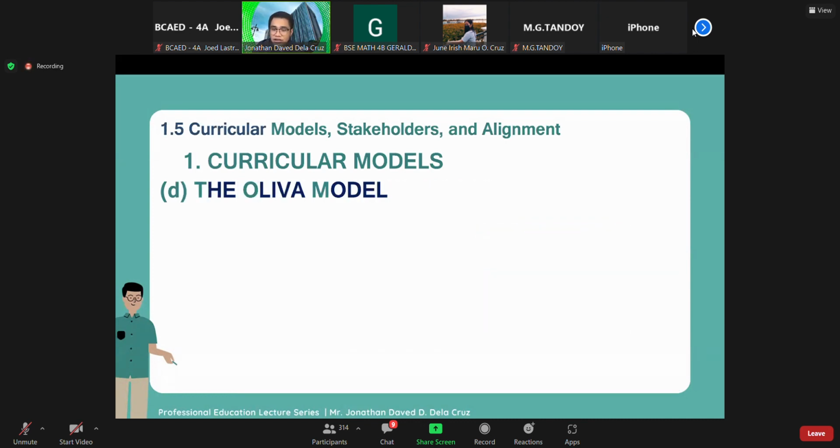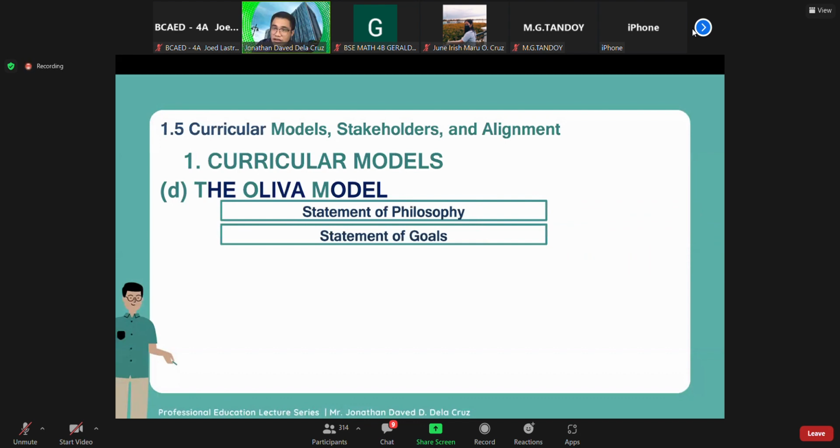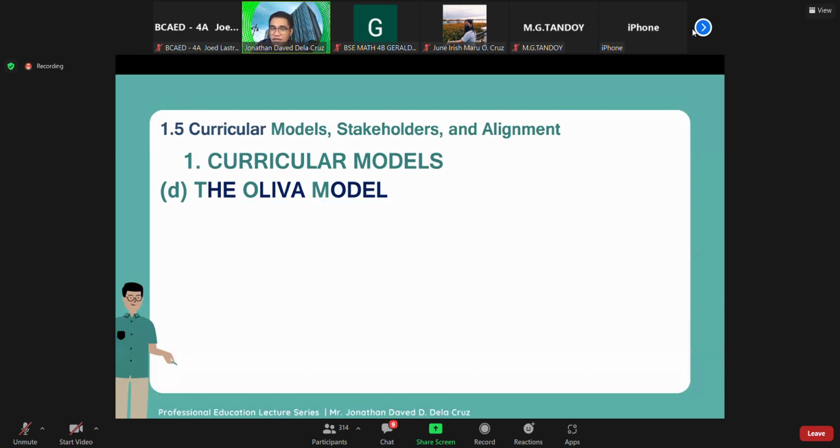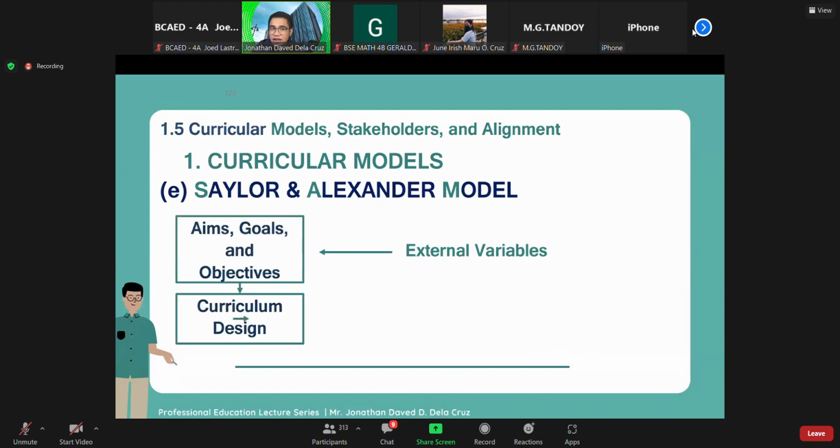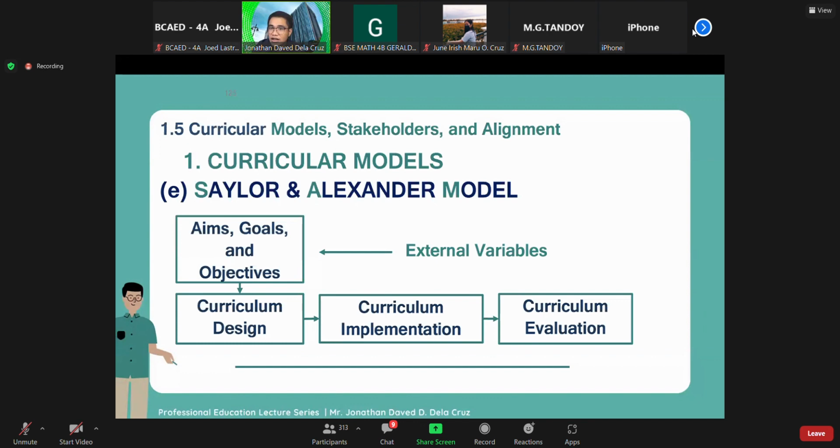But if the curriculum of the different universities is somehow similar to the structure of the curriculum of Saylor and Alexander model, mag-o-offer kami ng nursing. Bakit kami mag-o-offer ng nursing? Kasi yun yung hinihingi ng external variable. Okay?